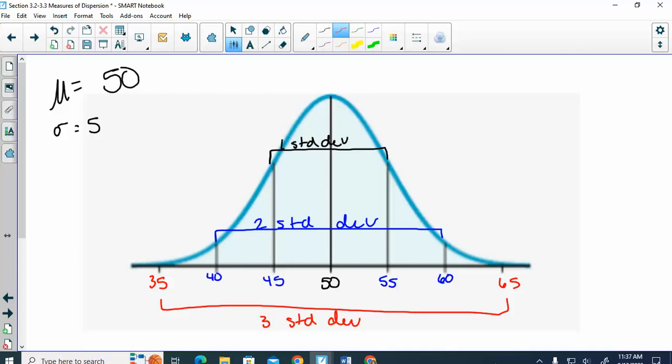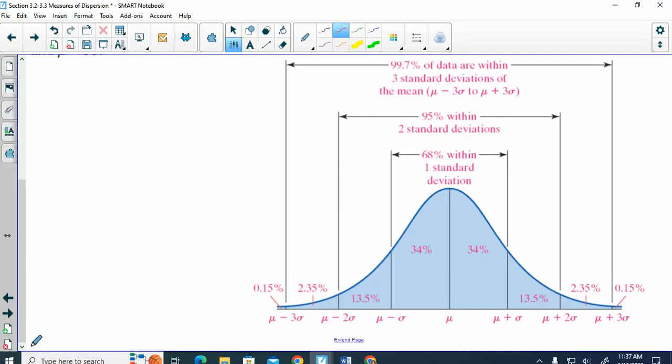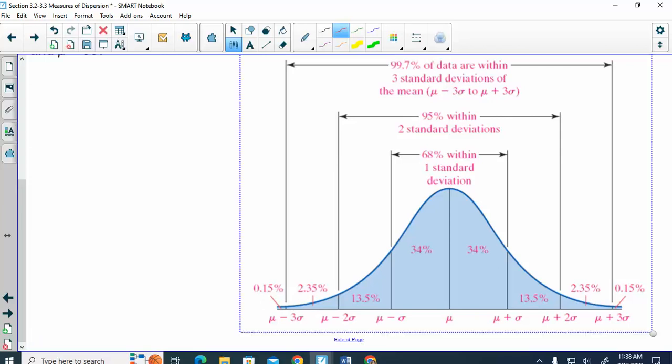The picture on this previous slide, I kind of gave you a breakdown a little bit too. I have all these percentages. So if you think about, I told you 68% within one standard deviation, so you would expect half of it above and half below. So 68 divided by 2 is 34, so 34 and 34. 95% in 2 standard deviations.